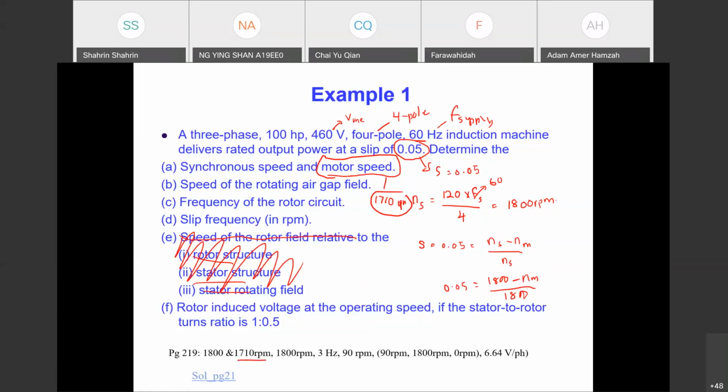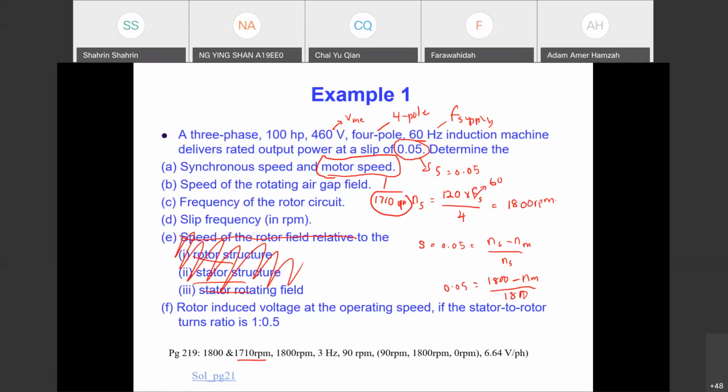Okay, can you all follow? Okay, next is B, the speed of the rotating air gap field. So as mentioned before, the speed of the rotating air gap field is actually referring to the synchronous speed, because synchronous speed is actually your flux speed, right? Your rotating flux inside the stator.